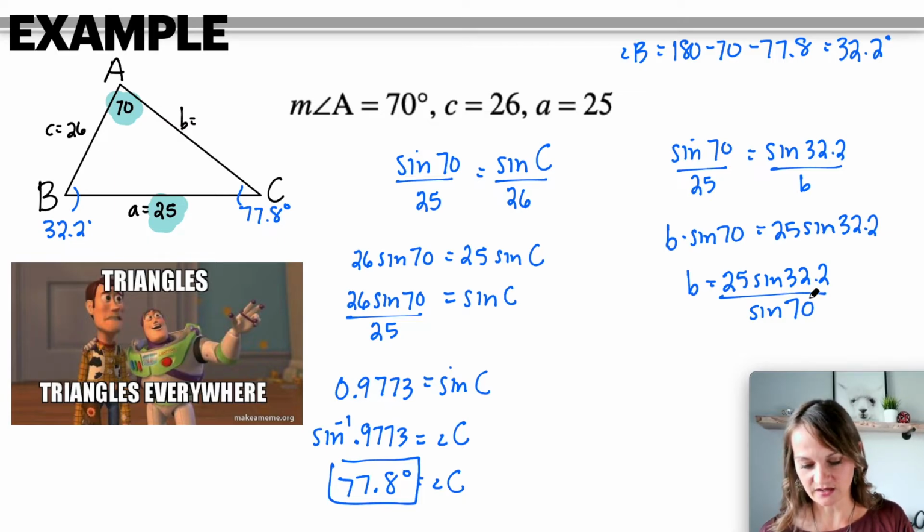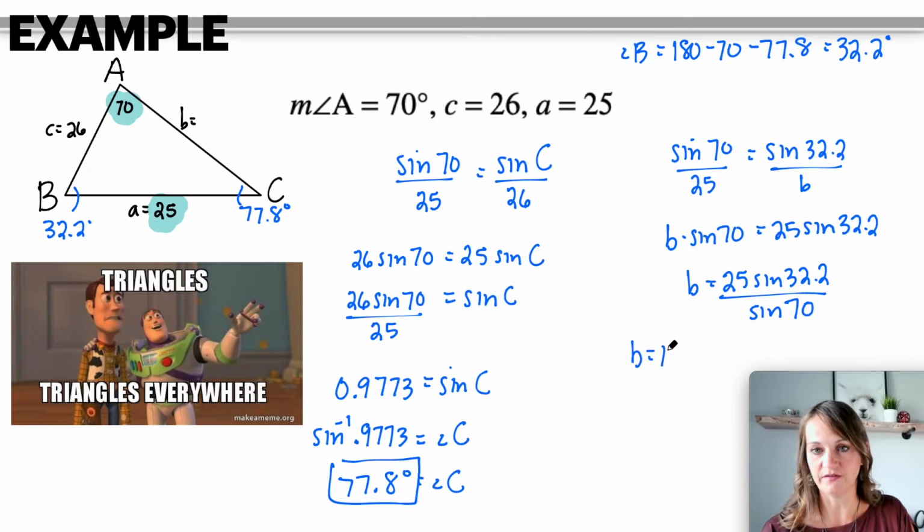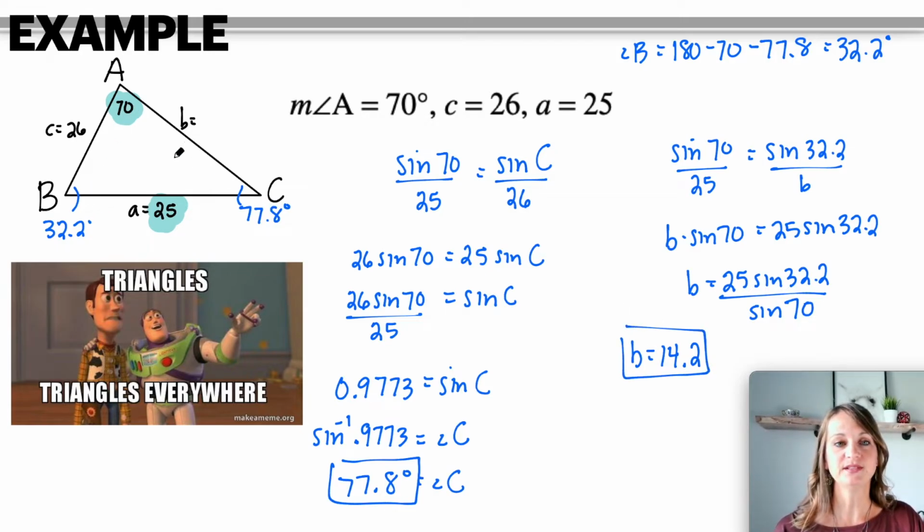So put that in the calculator, and you will get little b of 14.2. And we have now found all three angles, and we have found all three sides.